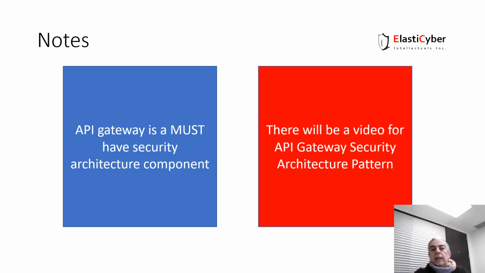But in 90% of the cases where you want to interact from one system to another or from a user to a system, you would definitely need an API gateway.